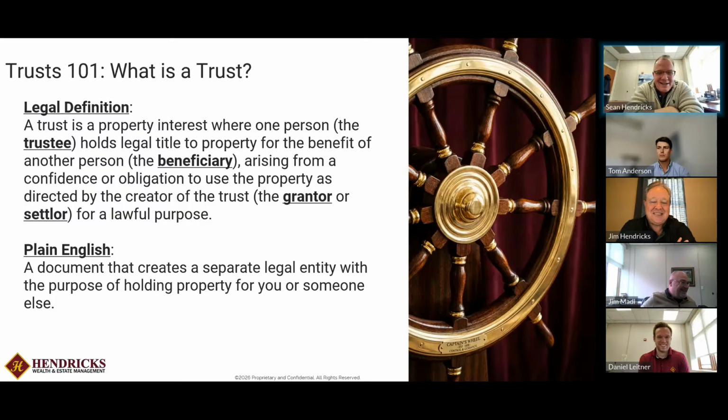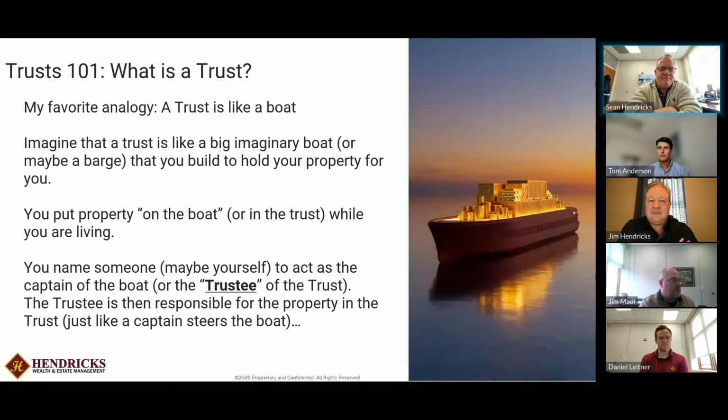I prefer plain English. Plain English is a trust is a document that creates a separate legal entity with the purpose of holding property for you or someone else. Now, even that doesn't make a whole lot of sense until we try to put some substance to it. So, my favorite analogy when I'm talking about what is a trust, is to say that a trust is like a boat.